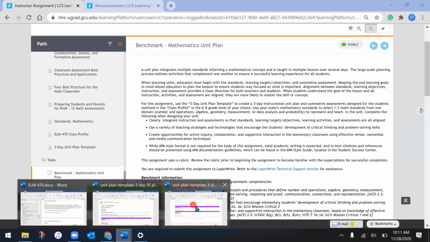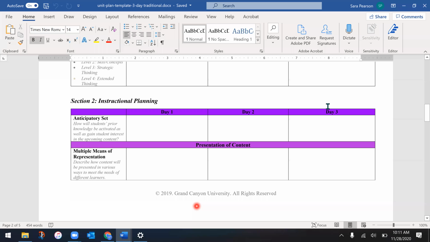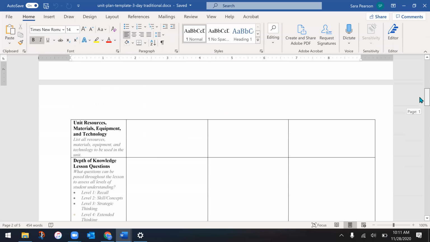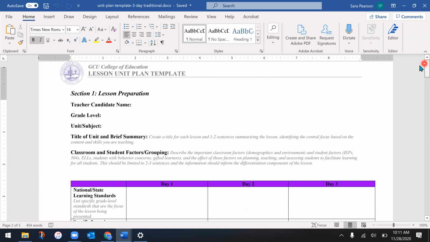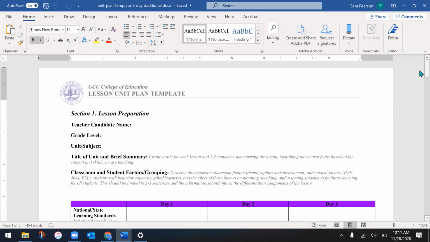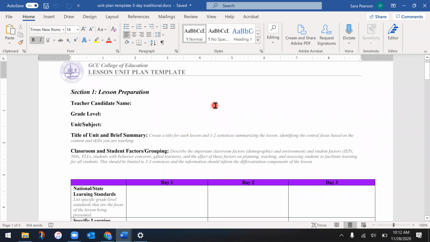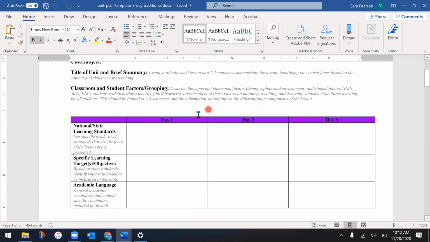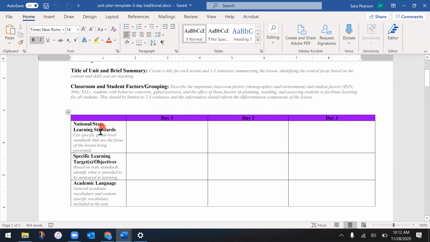So there are two templates I'm going to let you use, although the directions only give you one. The first one is just the traditional lesson plan template that you find in the assignment directions. And this includes pretty much everything that's on the traditional lesson plan, except for it has 3 days consolidated. If you have the same standard over those 3 days, it's okay, but your objectives should be changing a little bit.